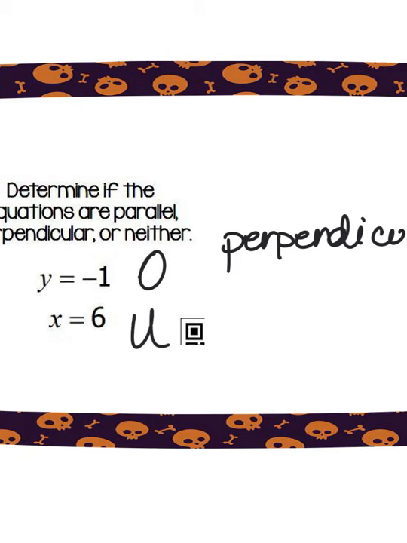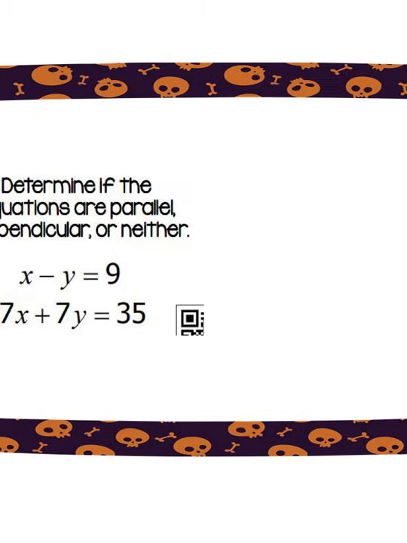Okay, now the next one we have here, we have two equations, but they are in standard form. So that doesn't help us much because what we need to do is get that equation in y equals mx plus b format. So we need to know what the m is in order to know whether these lines are going to be parallel, perpendicular, or neither.